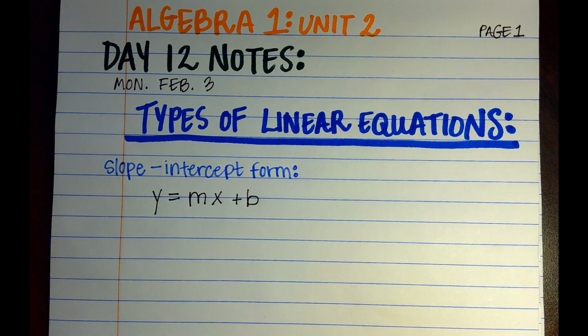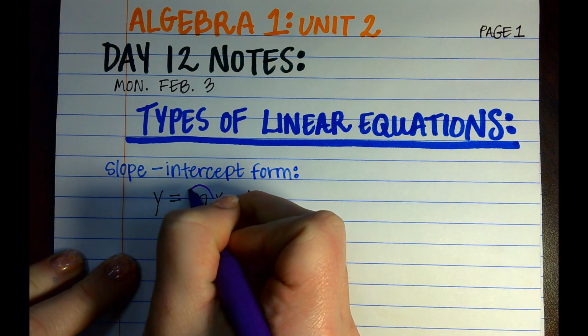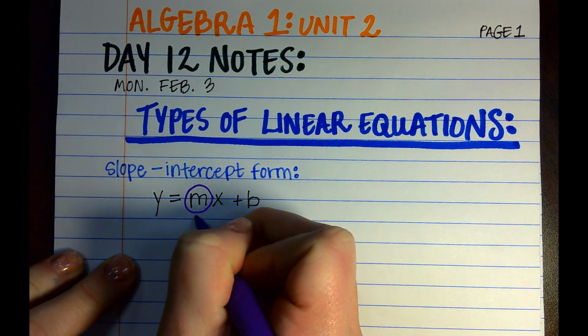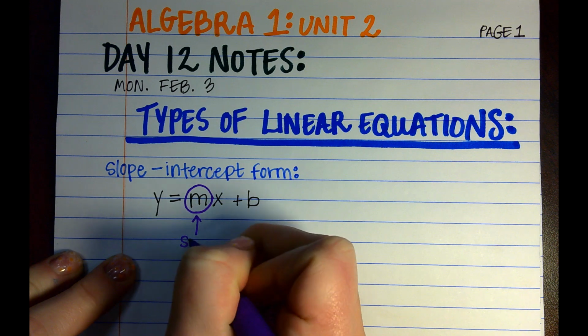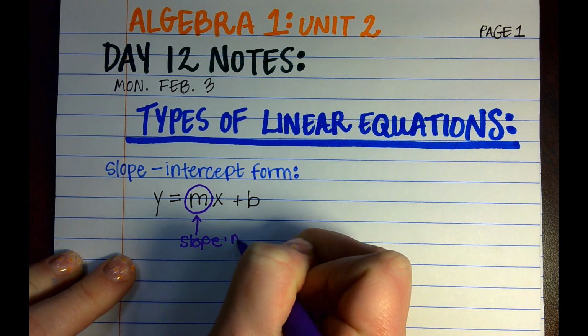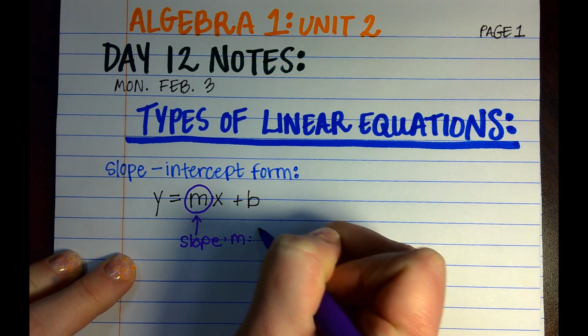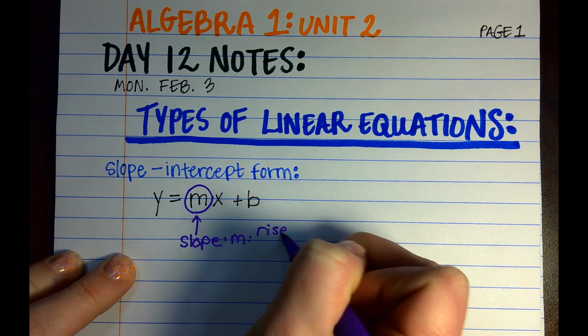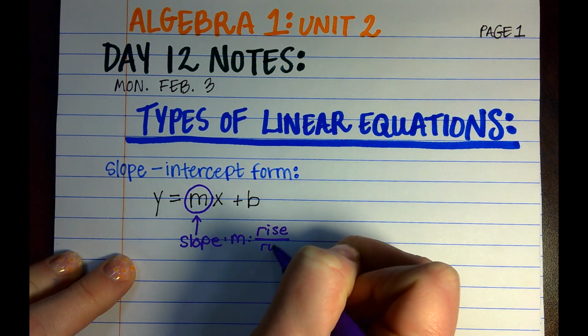And somebody remind me, what letter in this equation or which variable is our slope? M. Good. It's just the letter next to x. This is always our slope. So our rise over run.